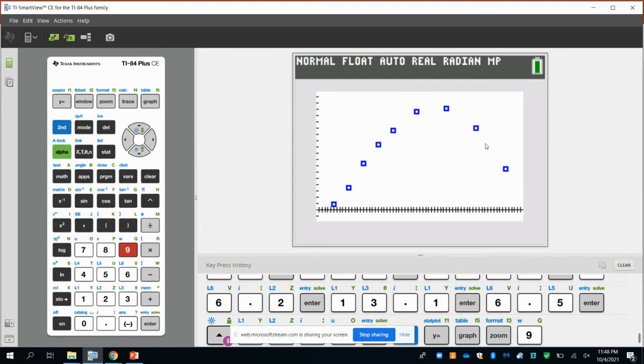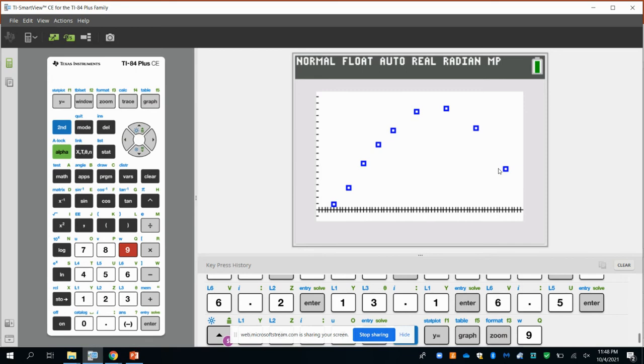The graph is a parabola. That means the model between x, which is the age, and the percentage of the population divorced is a quadratic model relationship.